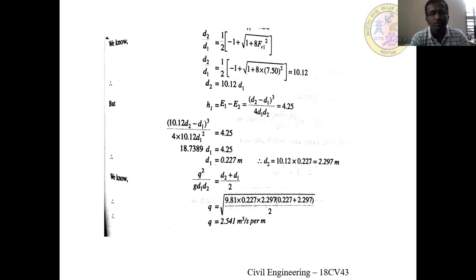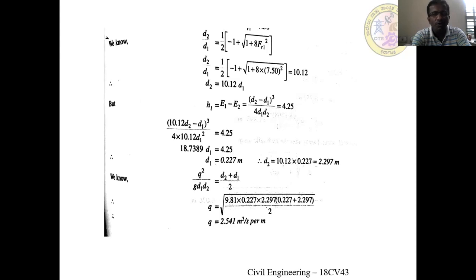So D2 by D1 equals 1 by 2 into minus 1 plus square root of 1 plus 8 F1 square. Substituting, D2 is 10.12 D1. The head loss (D2 minus D1) whole cube divided by 4 D1 D2 equals 4.25.